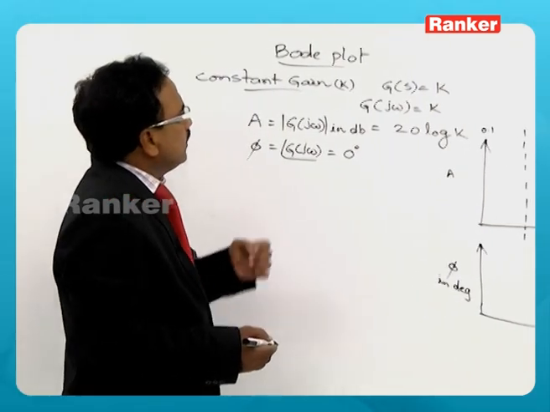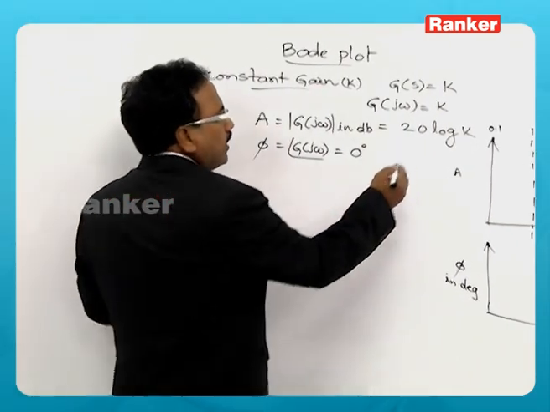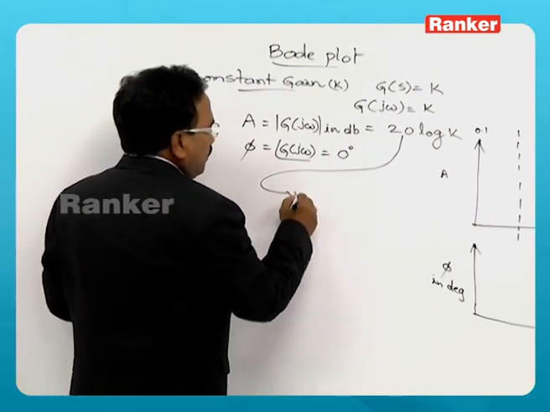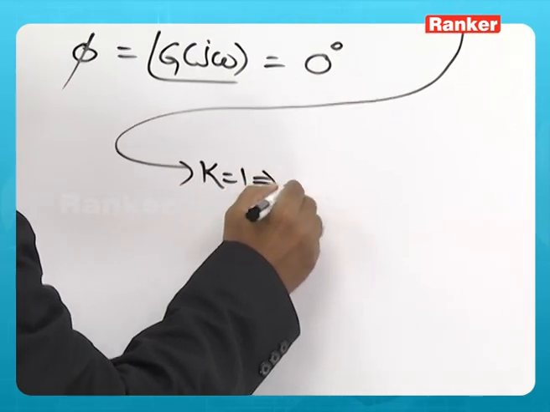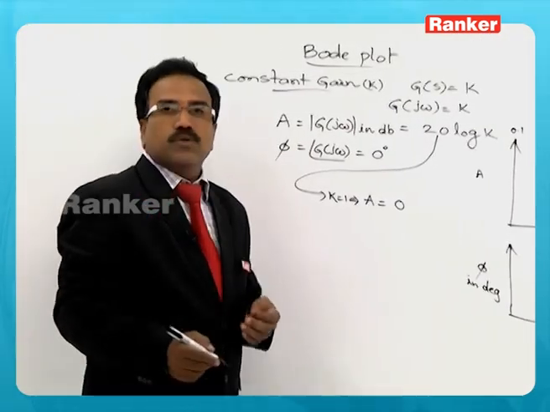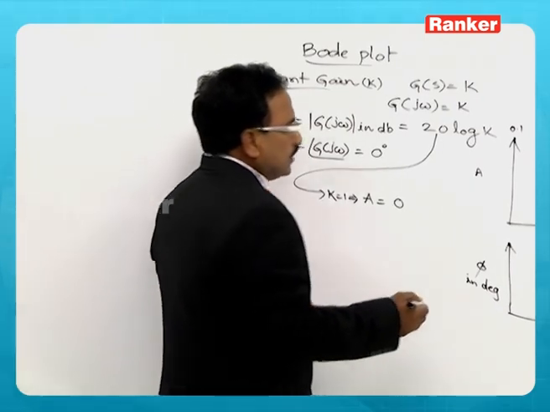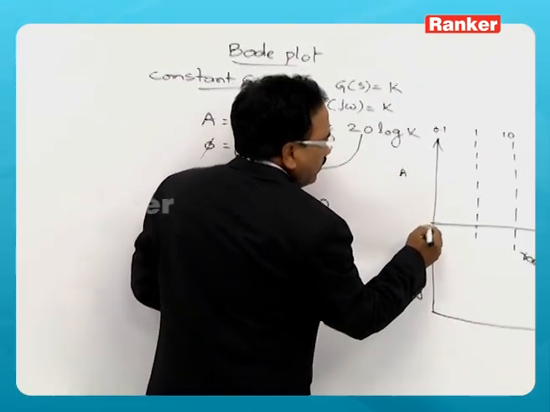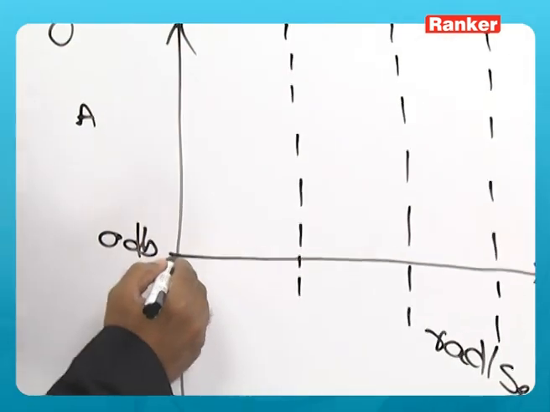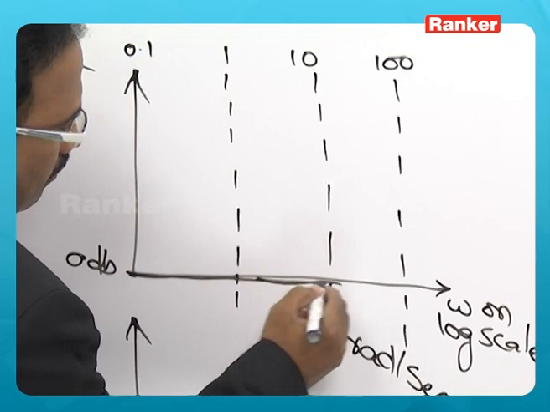Now, if we see the magnitude term 20 log K, when K equals 1, the magnitude A will be 0, which means it is a 0 dB line. So, the magnitude is a 0 dB line for K equal to 1.